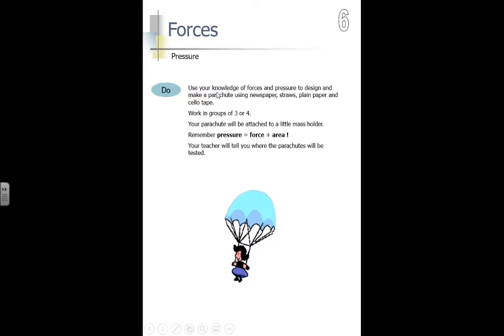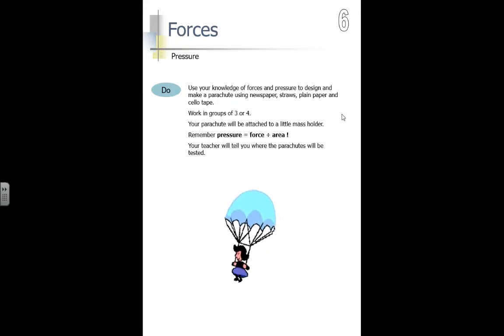Then I want you to use your knowledge of forces and pressure to design and make a parachute using newspaper. This is very similar to what we did before with our sheet of paper. Anything you have at home, if it's not newspaper, straws, plain paper, sellotape, that's okay. Anything you have, try and make a parachute, and then underneath your parachute, see if you can attach something.